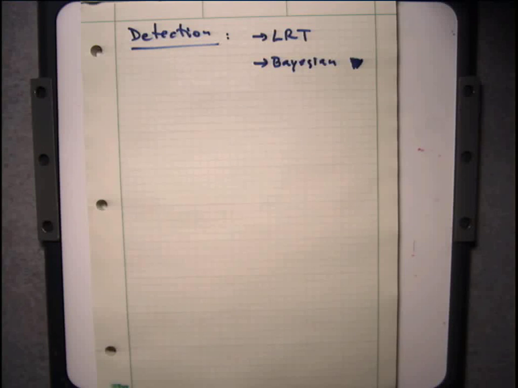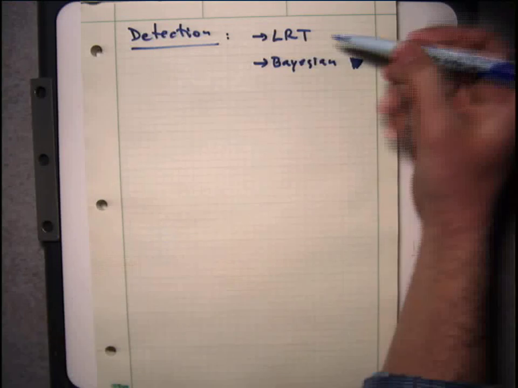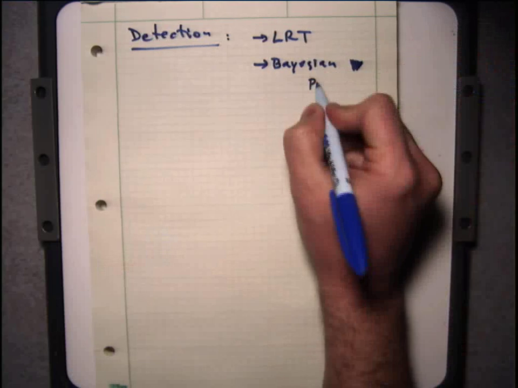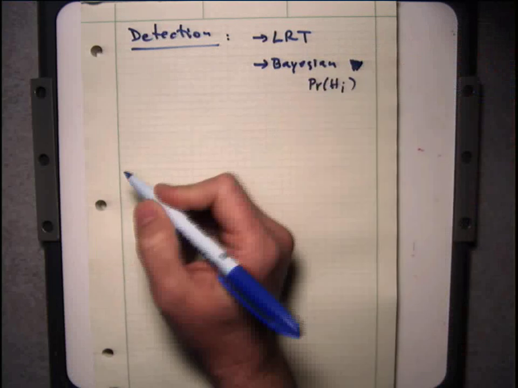Now, if you have 3 hypotheses, then you have to divide the space into 3 pieces, okay? And if you have more hypotheses, you're going to have more and more pieces that you have to carve the space into. If your data point falls in a particular part of that space, then you detect that particular hypothesis to be true. Okay? So the general idea is really not that different. It's just that the bookkeeping gets more complicated. So we talked about these. This assumed that you had probability of Hi, and this assumed that you didn't.